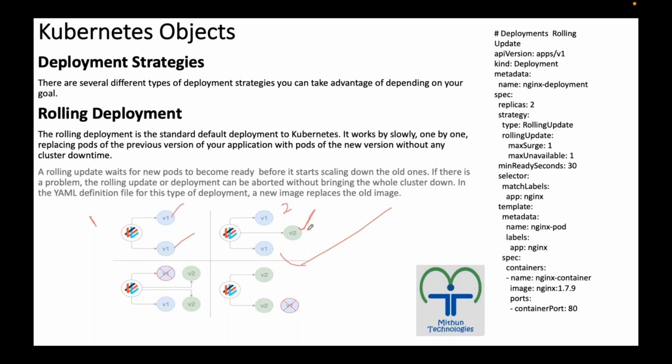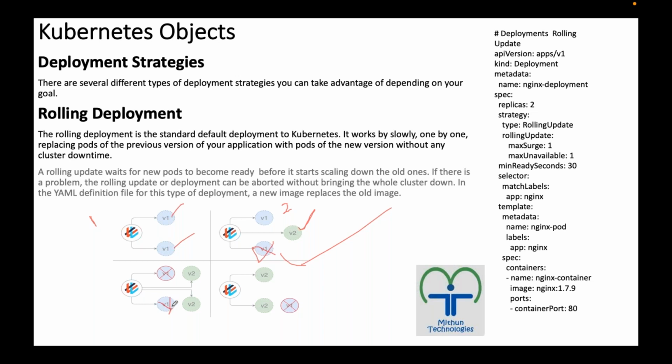Suppose this pod is not able to come up. It is going to delete one pod, but the new one is not able to come up. Is it going to go to the next phase and remove this one also?